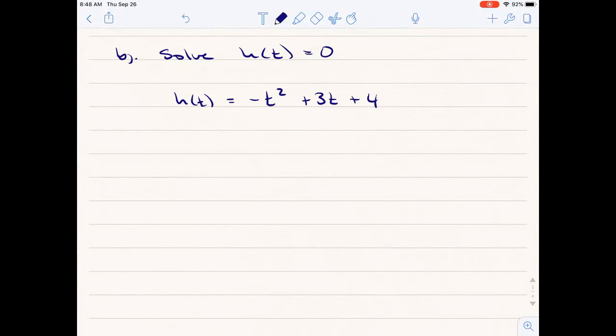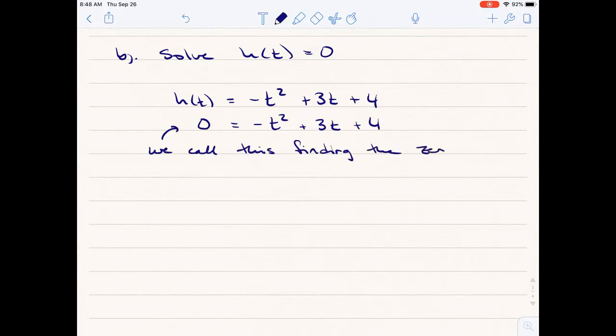If we force this to be 0, -t squared plus 3t plus 4, we call this finding the zeros. Okay.